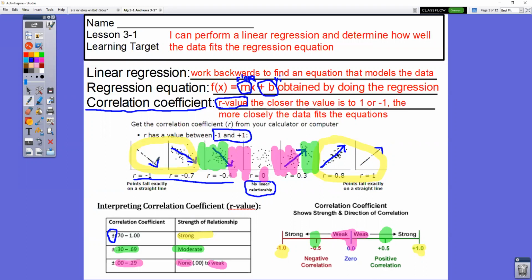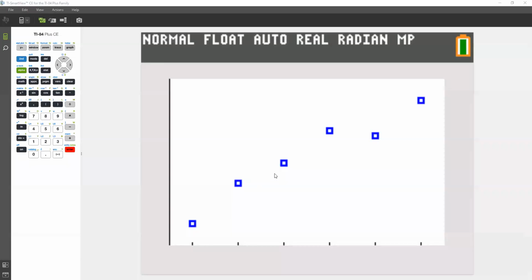It wouldn't be negative because negative goes down. When we look at our calculator, notice going from left to right, our data is going up, and those dots are pretty compacted. It's almost forming a straight line right there. So I know that this would be a strong positive correlation.